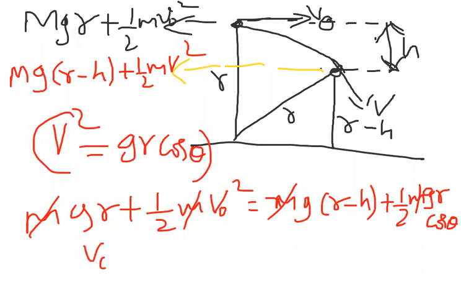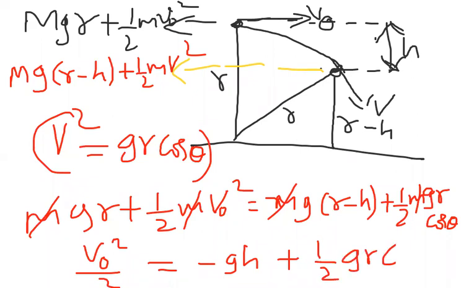So v naught square by 2 is equal to, gr cancels actually, so what I am left with is minus gh plus gr by 2 cos theta. So this is the expression I am left with.